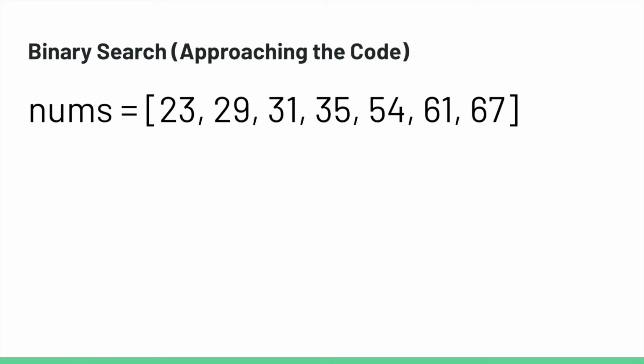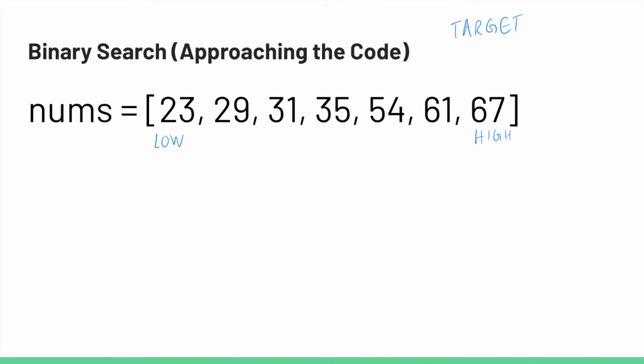Now, the first thing we would want to do is create a variable called target. And this would just be to hold the value that we're searching for using the binary search method. Next, we would want to create another variable called low that's going to be at the beginning of the array, and a variable high that's going to be at the end of the array. And then we want to create a variable mid.